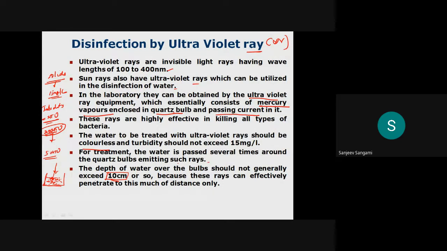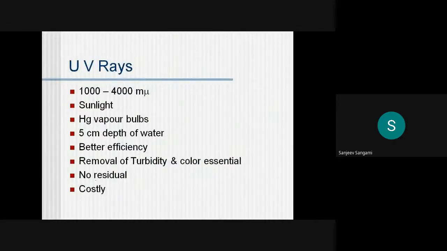Even the depth of water in any tank where you are treating it should not generally exceed 10 centimeters. So UV rays have 100 to 400 nanometers.